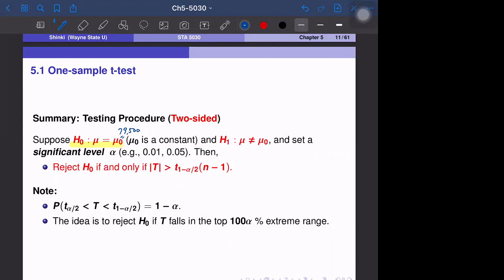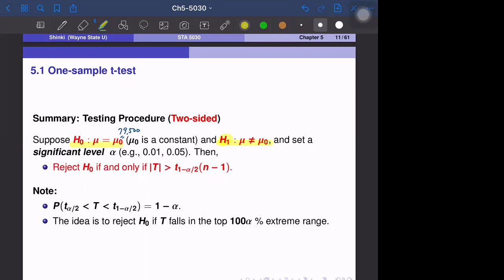The alternative hypothesis is that mu, the mass PhD's average salary, is not equal to 79,500. We don't say it's larger or smaller, just different. That is the so-called two-sided test because H1 is both sides of H0: mu is either larger than or smaller than 79,500.